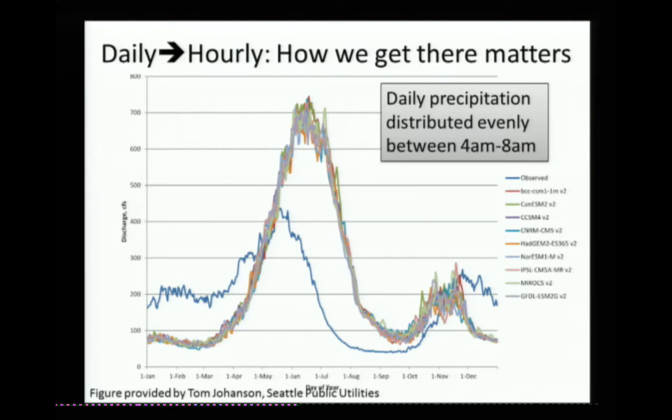The problem was that because we were making the precipitation fall during a really cold time of the day, that was biasing the precipitation to fall more as snow than as rain. So there ended up being too much snow accumulating in the wintertime, which reduced the wintertime stream flow. Then when it warmed up to melt, there was a lot more snow coming down the river, causing too much spring and summer flow.